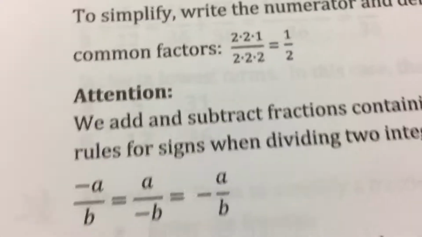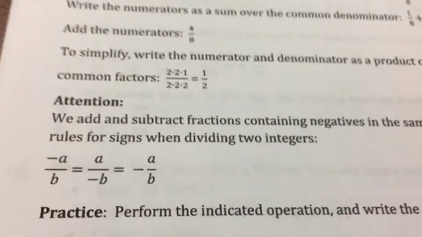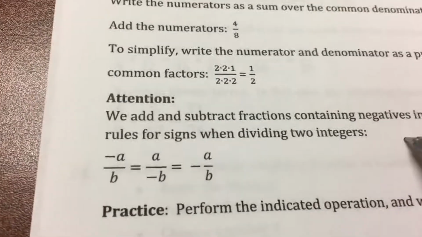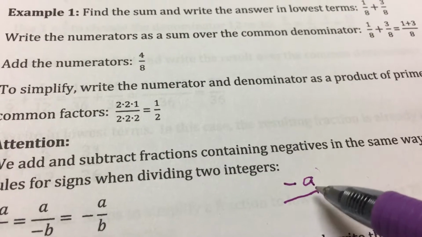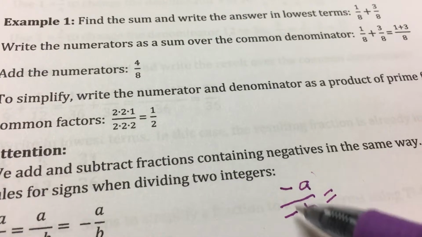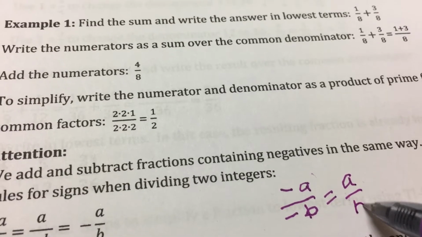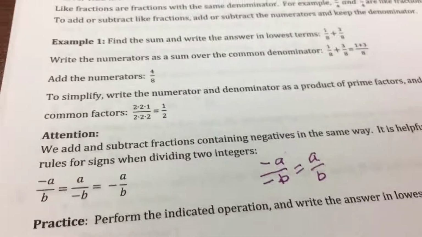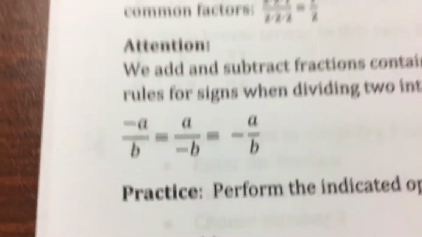If I had negative A over negative B, the two negatives would cancel each other out and make a positive, so you just have A over B. But if you only have one negative, all three placements mean the same thing.